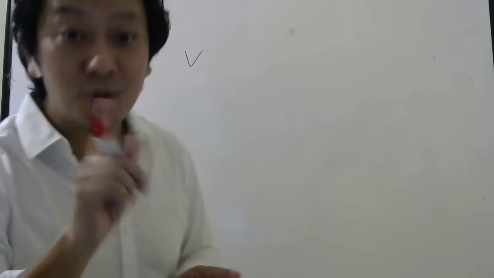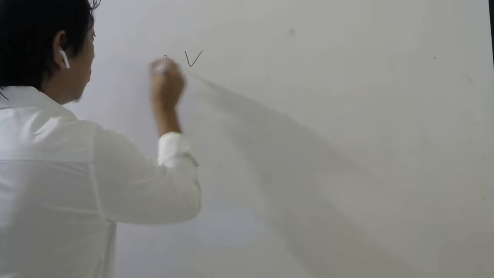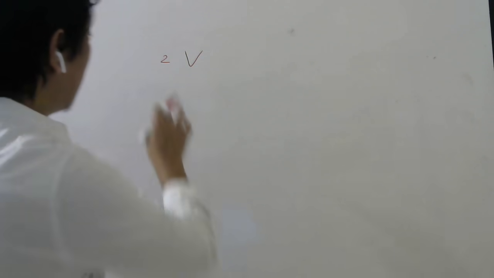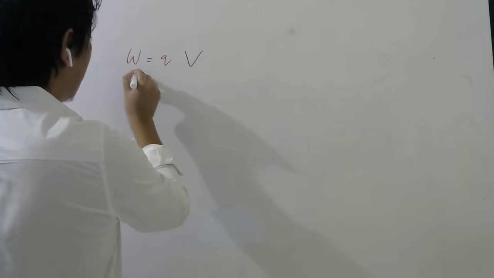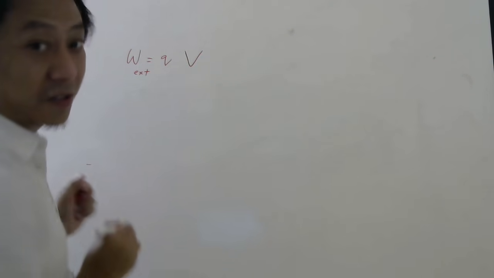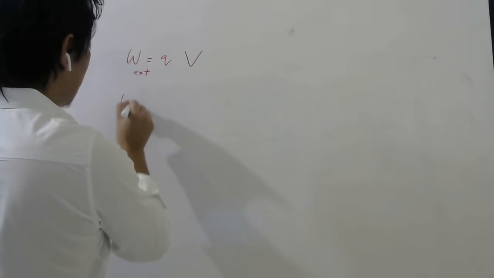Now, suppose I bring 2 coulomb charge instead. What will be the work done? 2 into V. So if I bring Q charge, this will be the work done by the external force. Understood or not? And that work done is nothing but what I told you, potential energy.